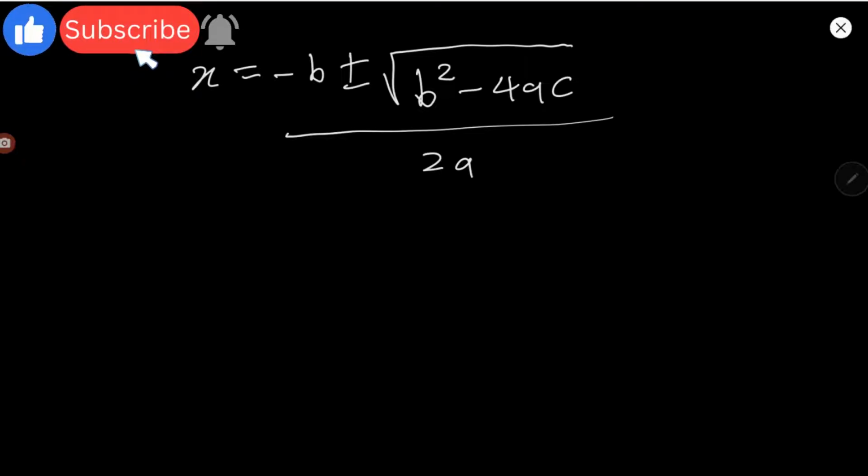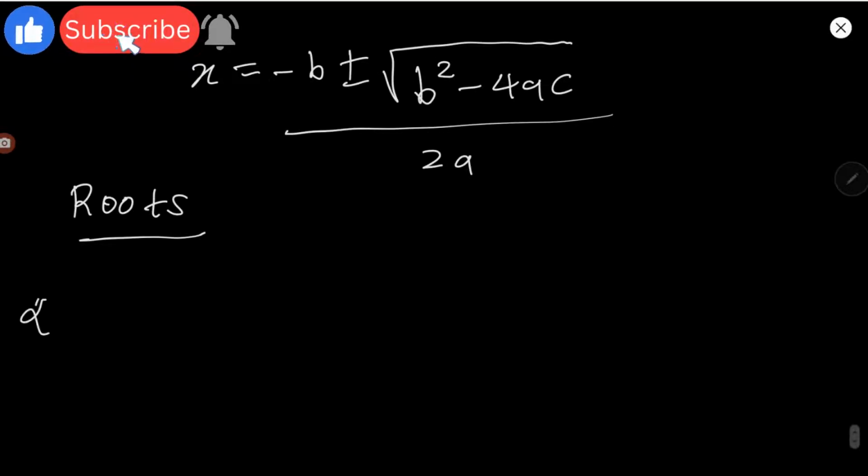Now under quadratic equations, we have what we call roots, and these roots are the same two solutions that we get from the quadratic formula. So the first root, we call it alpha.